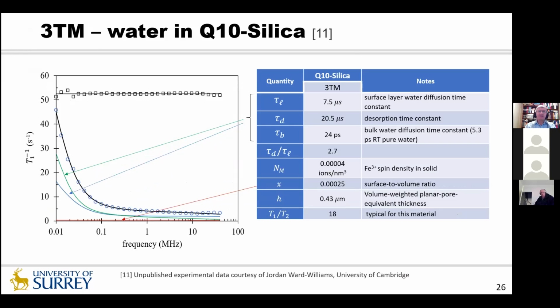And this is a different silica sample in which, according to the provider of this data, who I thank profusely, Jordan Ward-Williams at the University of Cambridge, the picture would be sort of voids and channels in a sort of 3-dimensional system, which to a really good approximation apparently is of 10 nanometers thickness.